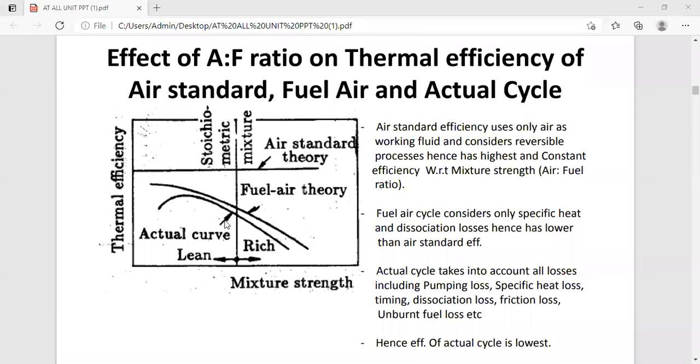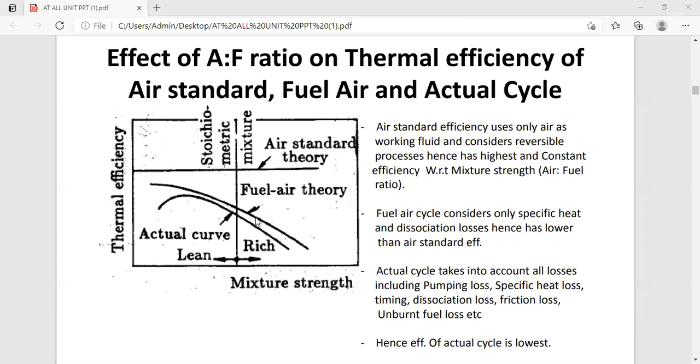If you compare the points at this stoichiometric air fuel point, the air standard cycle has the higher efficiency, and second is the fuel air cycle. Third is the actual cycle, where we observe all the losses, so it has efficiency lower than both of these two.